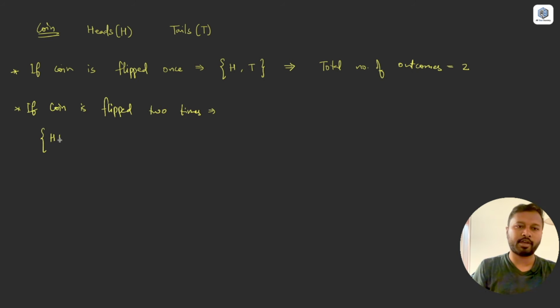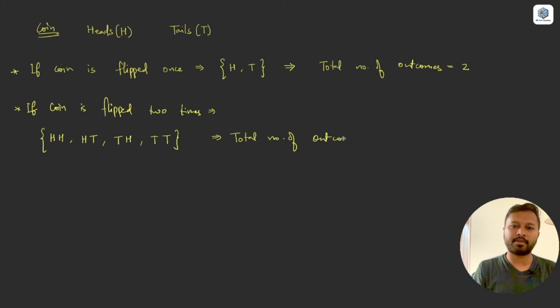Either you are going to get heads both times, meaning first time heads, second time also heads, or you can get heads the first time and tails the second time, or you can get tails the first time and heads the second time, or you can get tails both times. So in this case, the total number of outcomes is going to be 4.